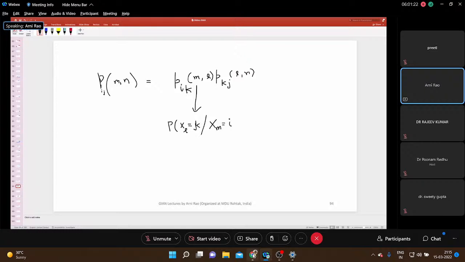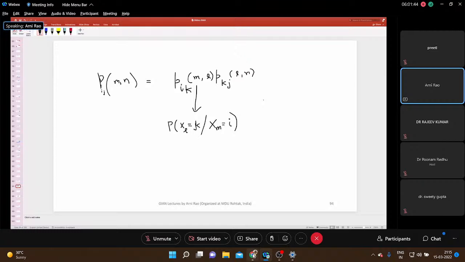That means i to k from m to l. And 'and' means that when two events A and B occur, we multiply, and for A or B we add.